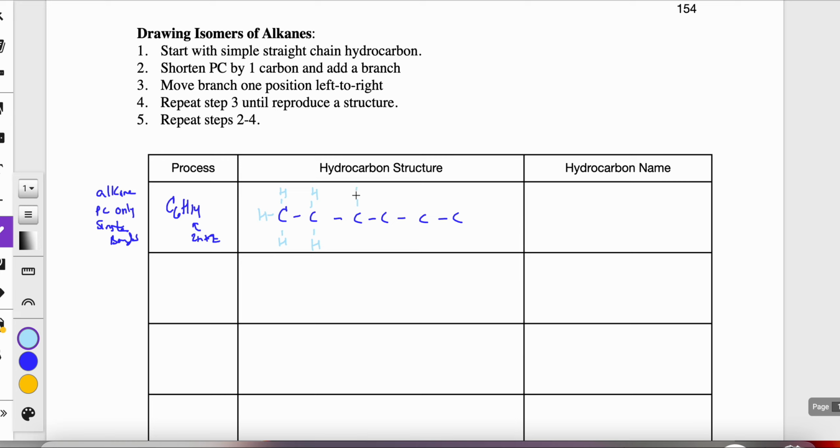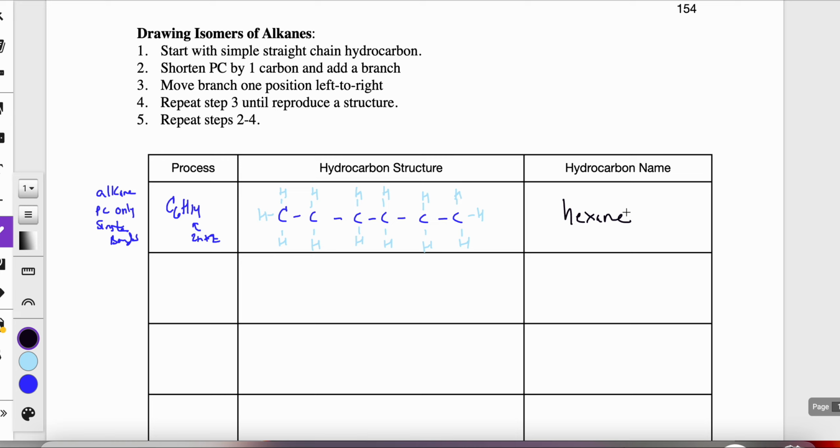So I'm up to 5, 7, 9, 11, 12, 13, 14. Since this one is just a simple straight chain hydrocarbon, this is simply hexane.